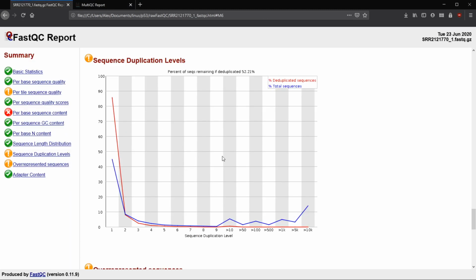Anyway, this can be because of a PCR bias. If you have a sequence that is amplified a lot by PCR, that could be influencing this. But for genome sequencing, we want most to be just 1, right?